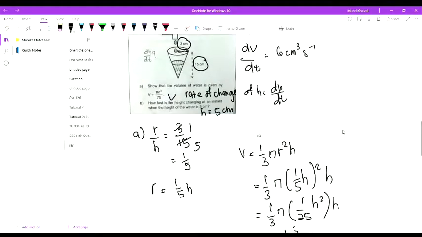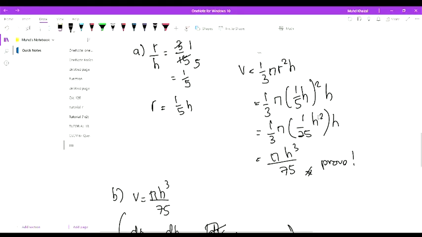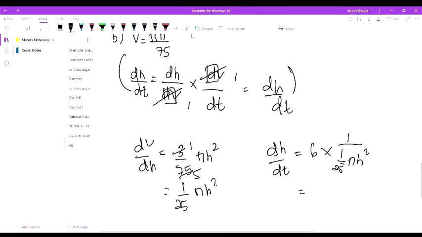The h is equal to 5 cm, so we replace it as 6 times 1 over 25 pi 5 squared.